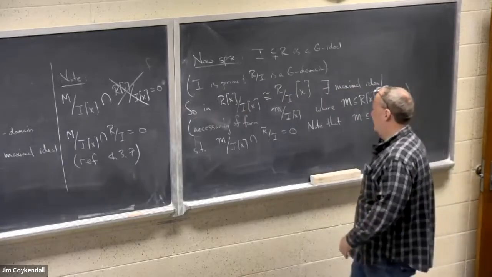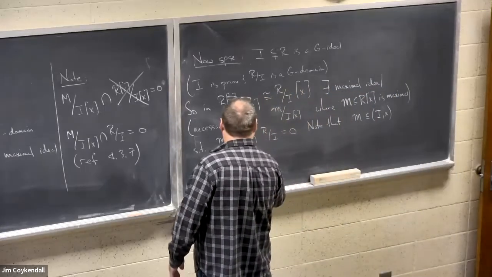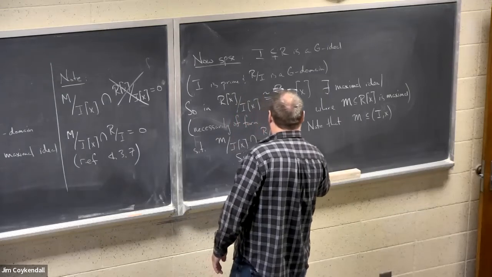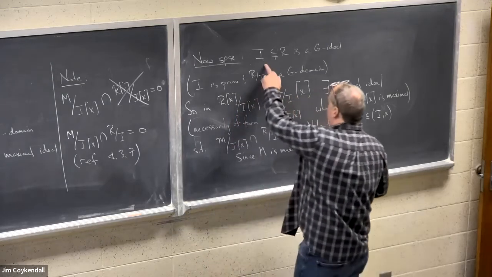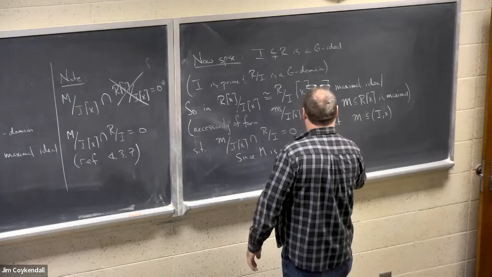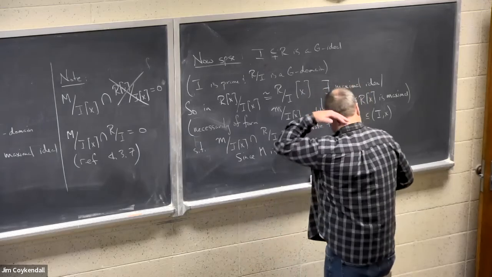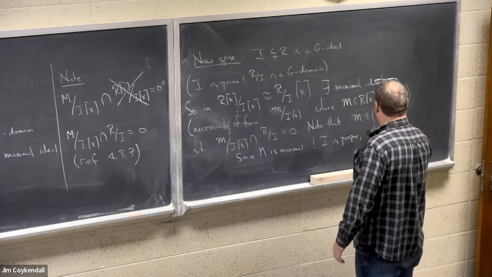And since M is maximal and (I, X) is proper, this must be an equality.